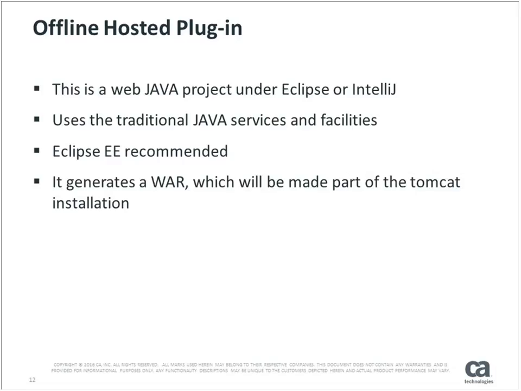Again, I'll show you what I'm talking about so you can get a better understanding of how this code gets created and used around the different areas. And you will generate a traditional war file that will be made part of the Tomcat installation.